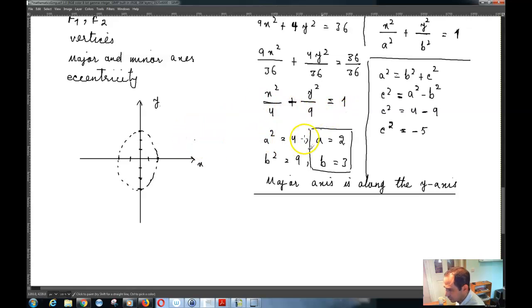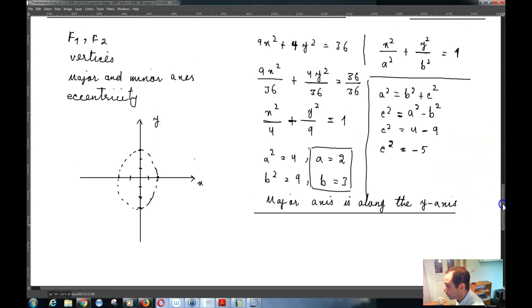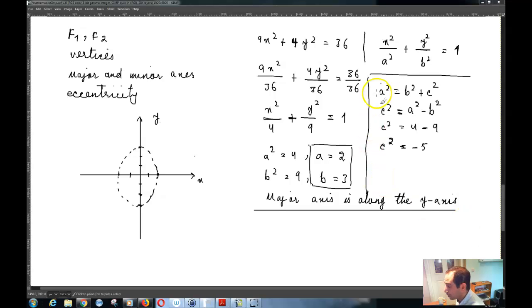Oh, I have made a mistake here. You see, the calculation doesn't work here because as the major axis is along the y-axis, then of course I have to write my equation not in this form, but in this form, basically x squared by b squared plus y squared by a squared is equal to 1.